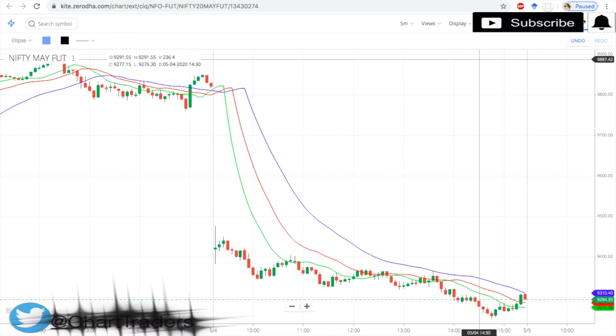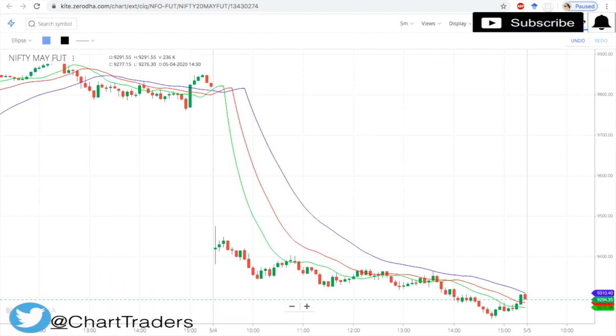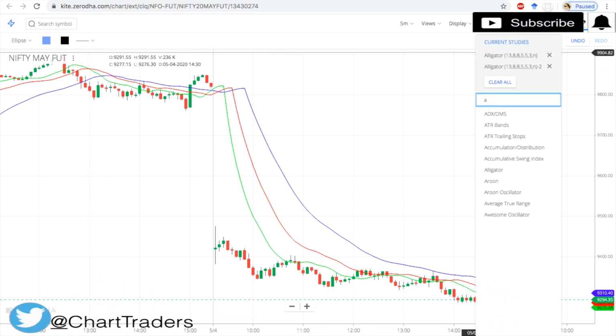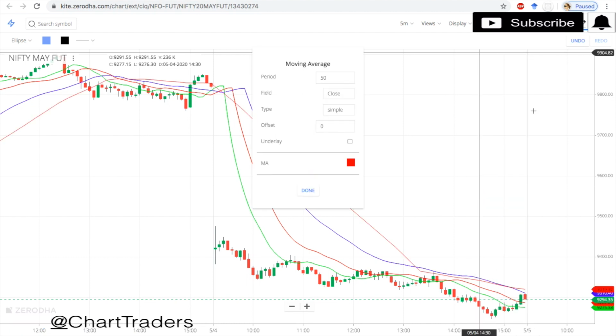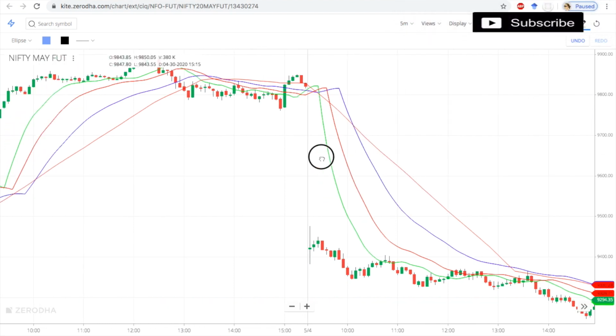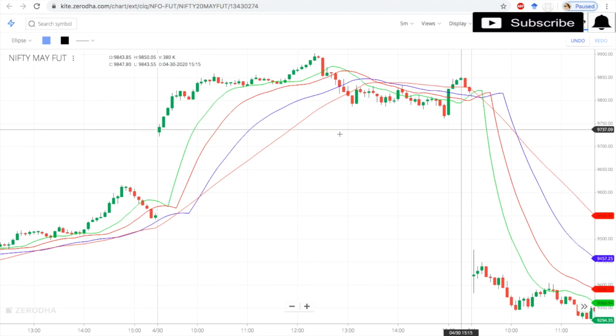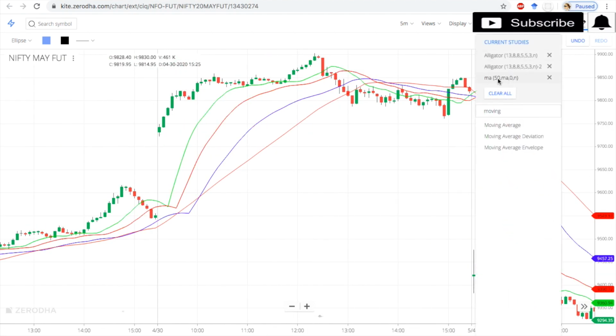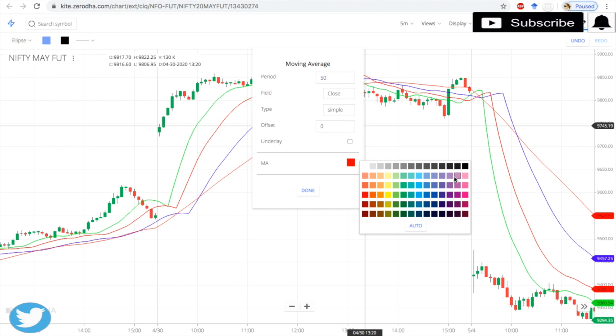If you don't want to do a multi time frame analysis, then you can use a moving average in order to remove fake signals. For example, I am going to use a 50-day simple moving average. I will change the color.